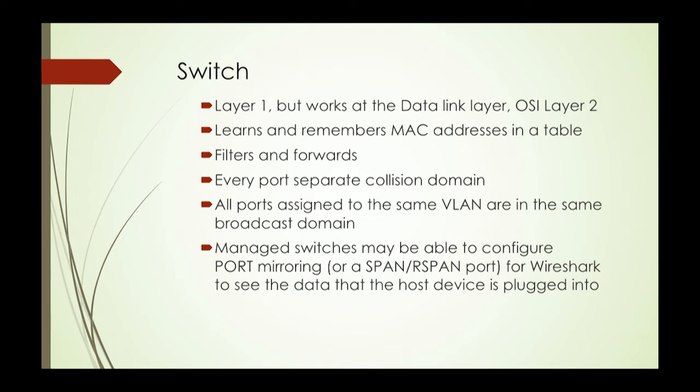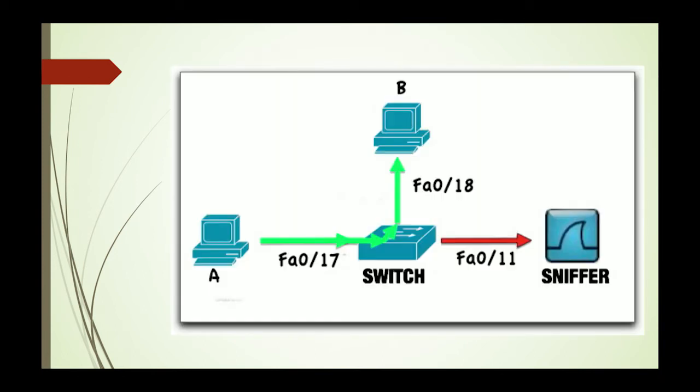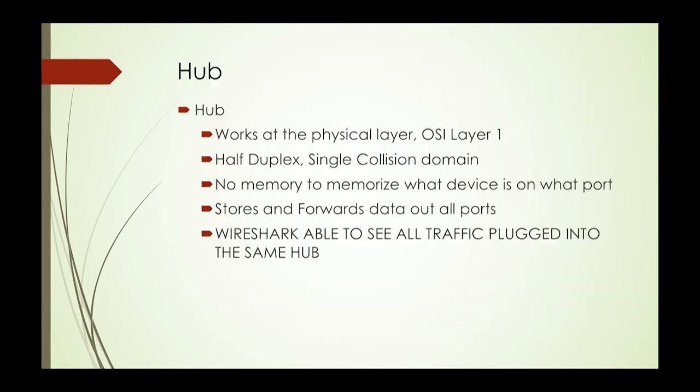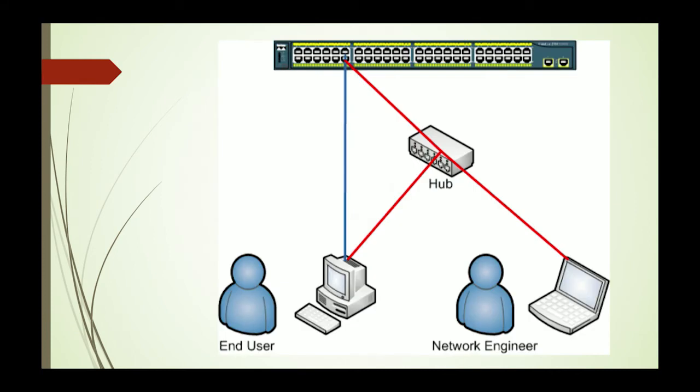So basically that's what you want to do. You've got workstation A talking to B, and you're actually looking at all that traffic with a separate port on a switch. But if you don't have that option, you can always plug into a hub. So the blue line is the original PC plugged into the switch.